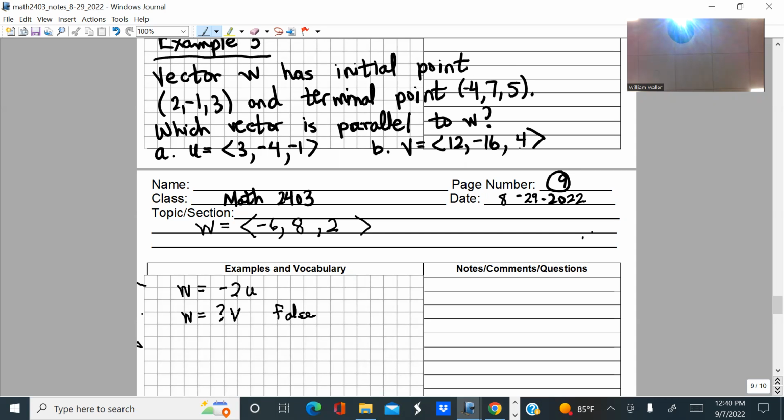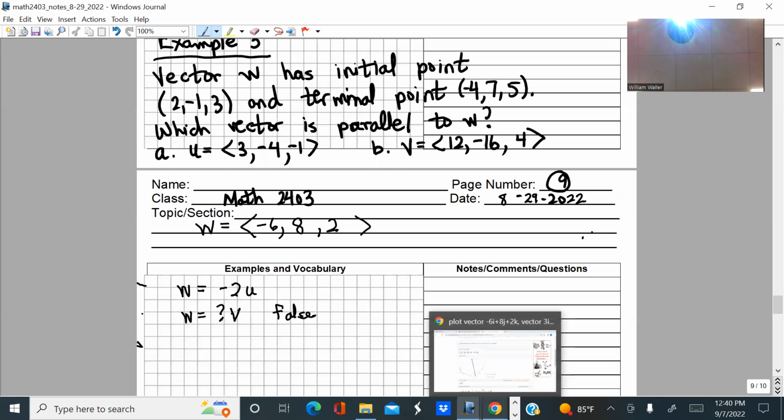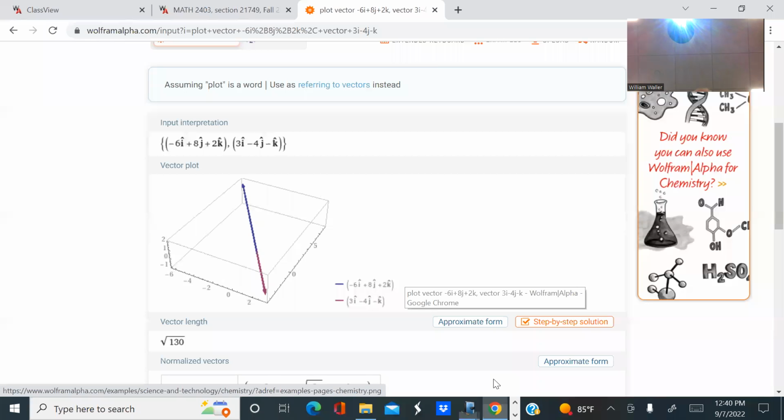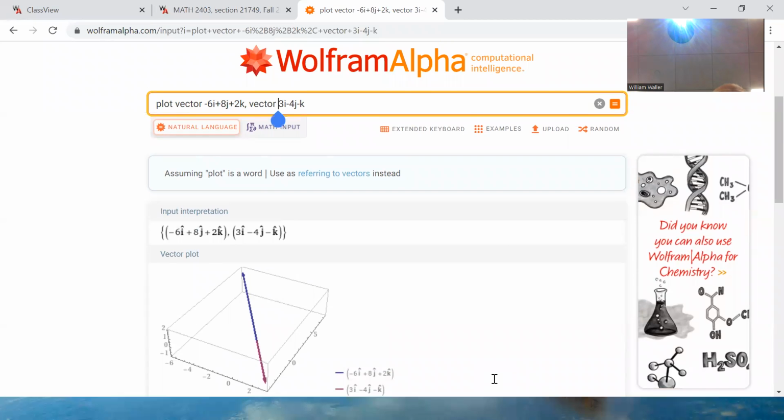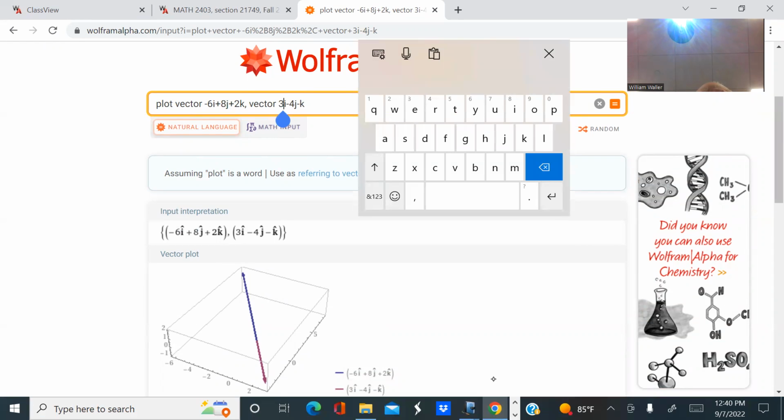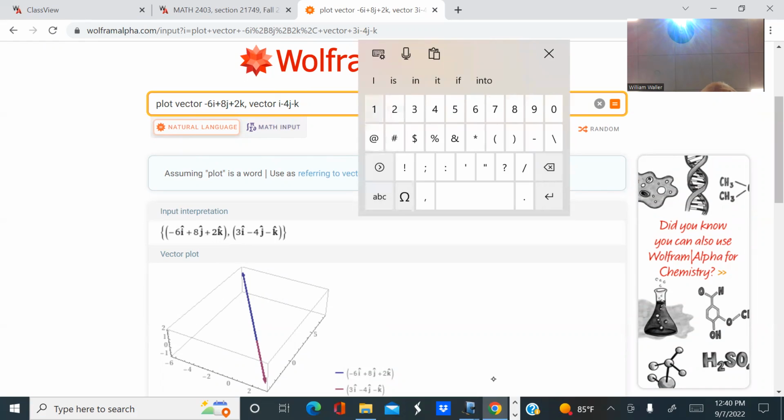So when we plot these two vectors, they're not going to be parallel, right? Let's take a look. So 12i. So let's plot that second vector, if I can do this right. So it's 12i and then -16, so 16 and then what was the k? Plus 4k.